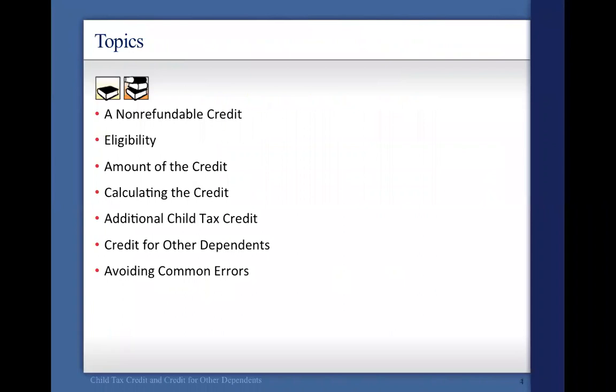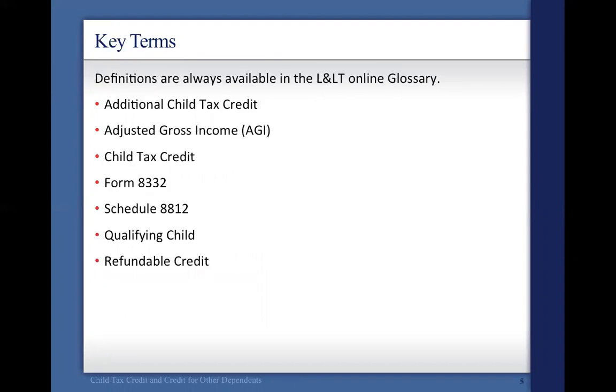We've already learned a bit about what the difference is between a refundable and a non-refundable credit. What makes the child tax credit a bit interesting and certainly maybe confusing is that it has elements of refundable and non-refundable in them. So we're going to highlight the difference between that in this video.